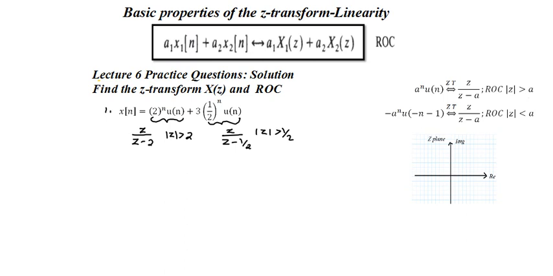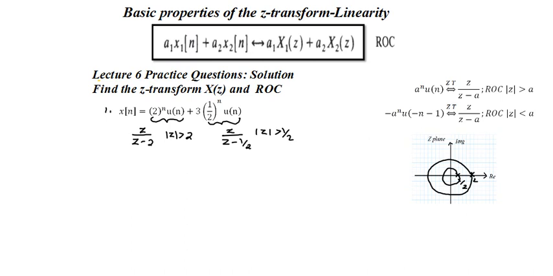Now we need to check if there is any overlap. So you can see that one pole is at z is equal to 2. So here I can indicate one at 2 and another pole at 1 by 2. From the explanation, as it is greater than 2, you need to construct a circle here at 2 and another circle at 1 by 2.